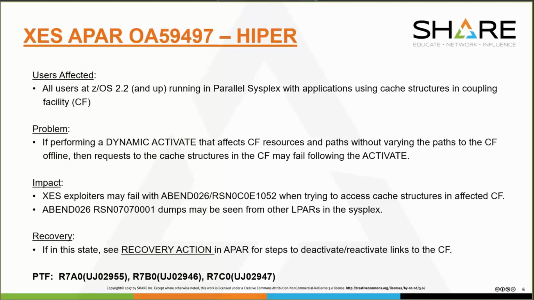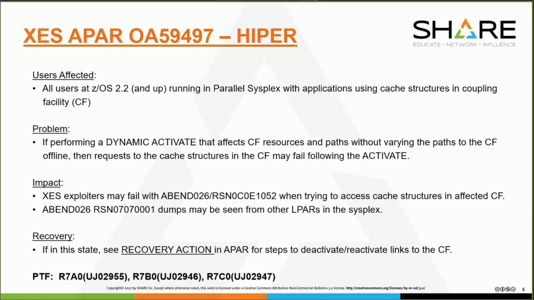The problem happens if you initiate a dynamic activate that affects coupling facility resources and paths without first varying the paths to the coupling facility offline. In that environment, following the activate, requests to the cache structures in that coupling facility may end up failing. The failures that exploiters see from this issue are typically an ABEND026 with reason code 1052 when those exploiters try to access cache structures in the affected coupling facility.